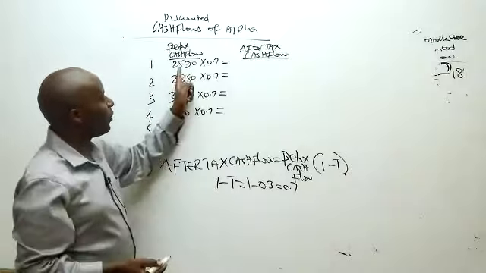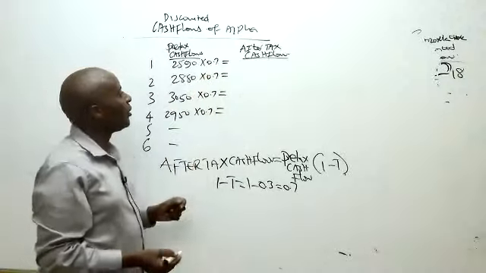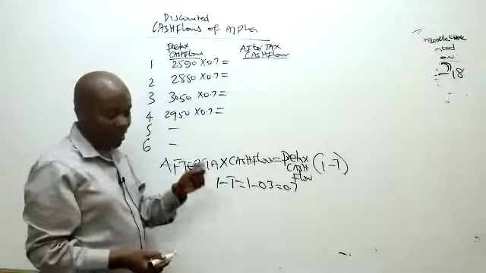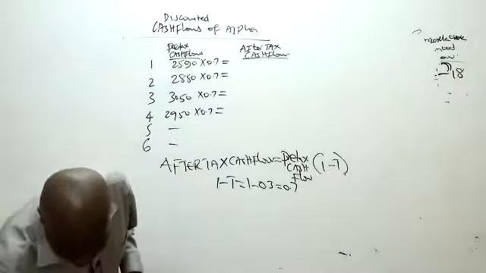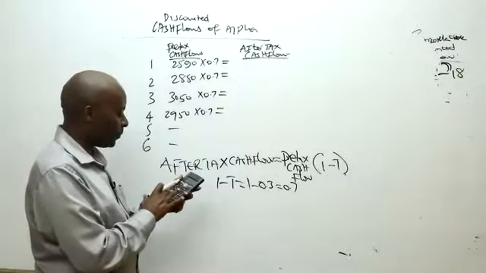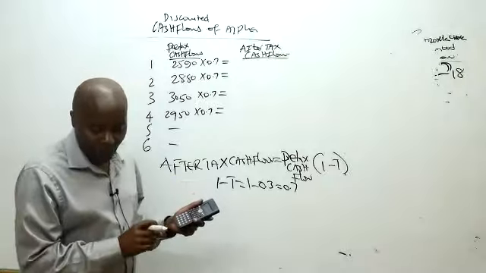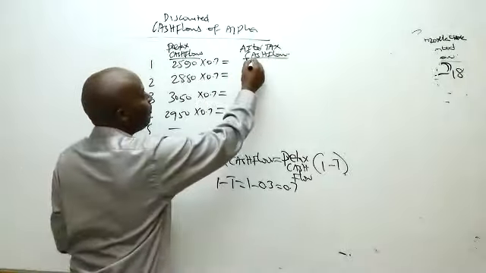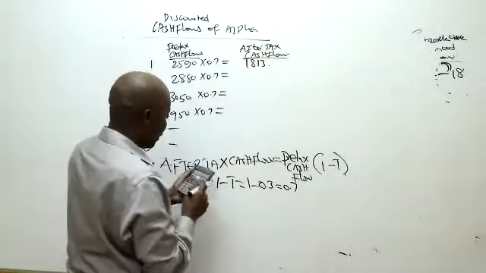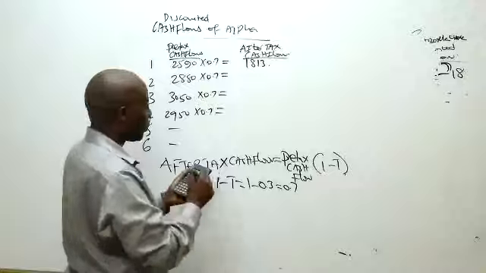So you take 2590 times 0.7. Give us a figure, we write it here. So we have here 2590 times 0.7, giving us 1813. From there we have 2880 times 0.7, giving us 2016.